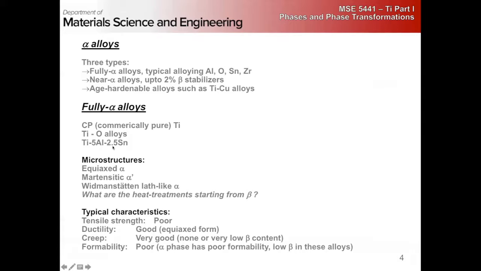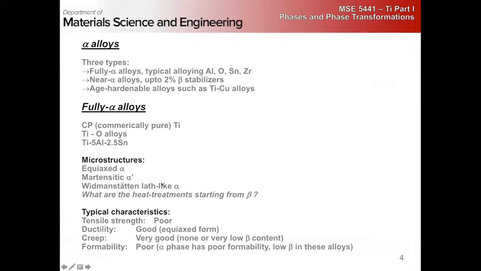This is listed everywhere, but I've never seen this alloy used for anything. Right? It's like listed if you look in books or review articles on titanium. It's listed as an important alpha alloy, but I have no idea what it's actually used for.